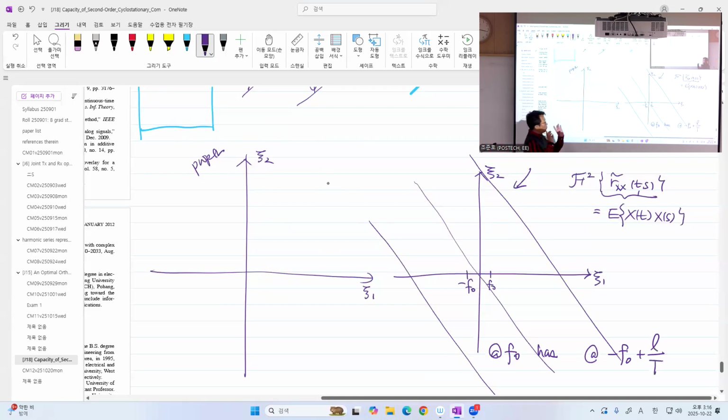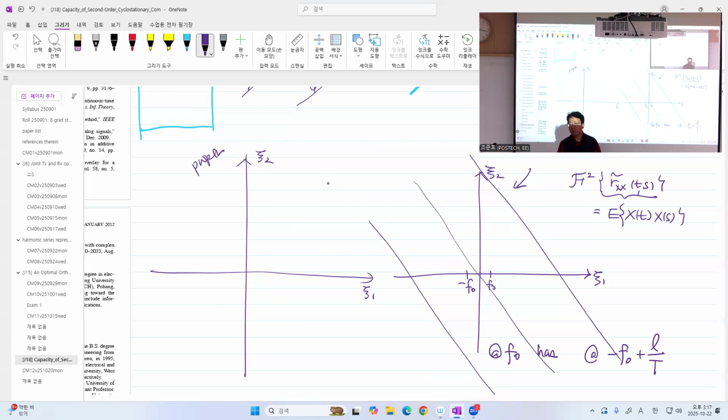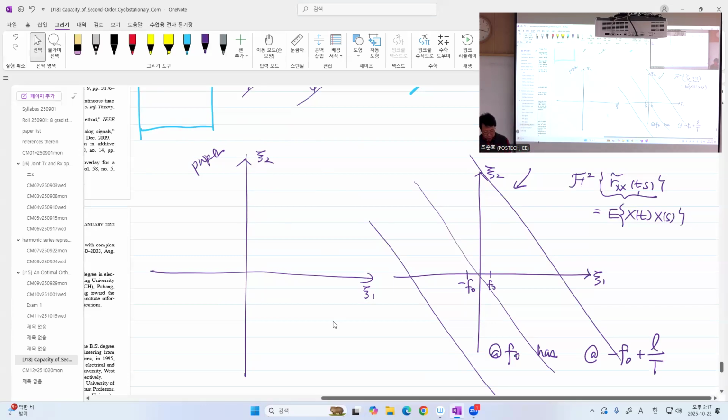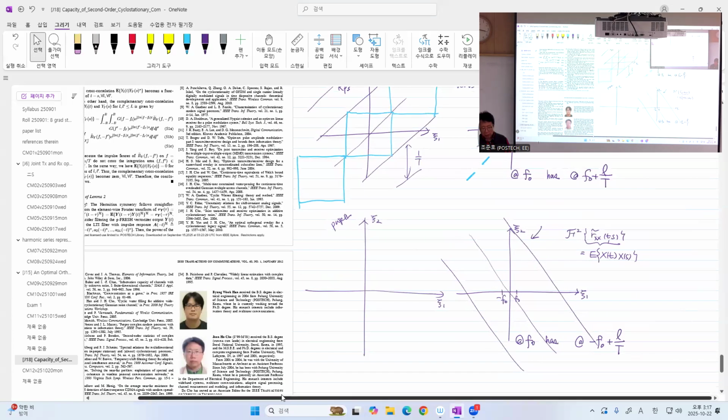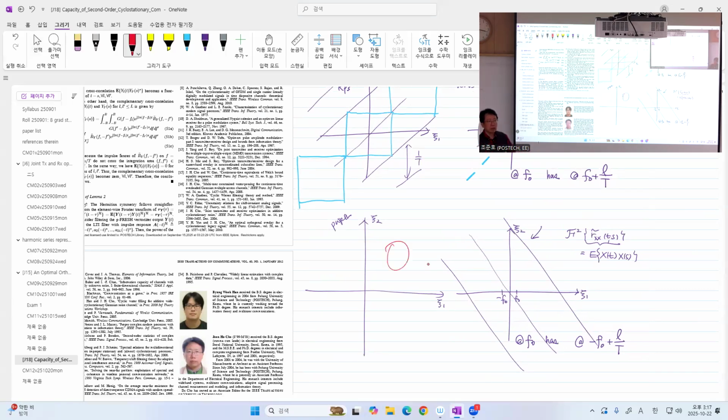So it has double correlations, more correlations, possibly. That is the difference between the proper complex random process and the improper complex random process when they are both cyclostationary.